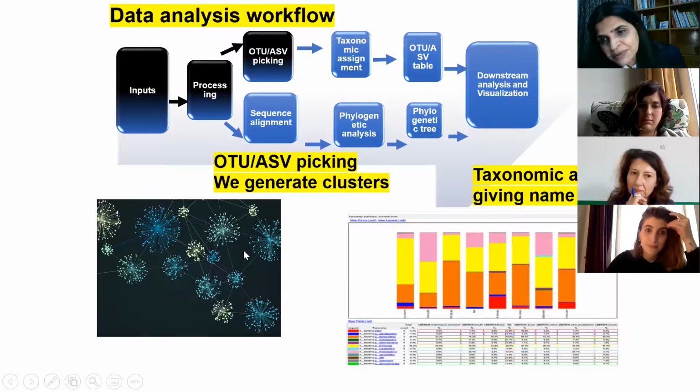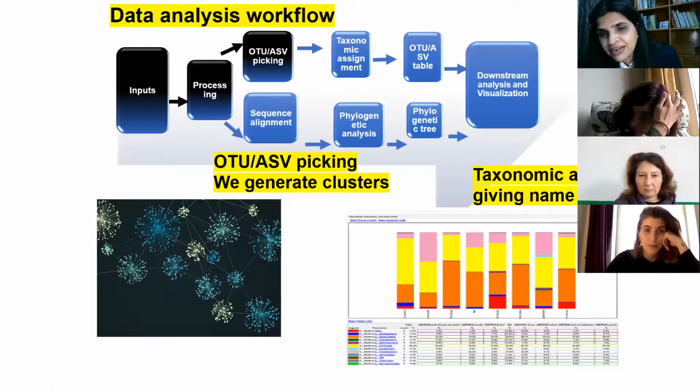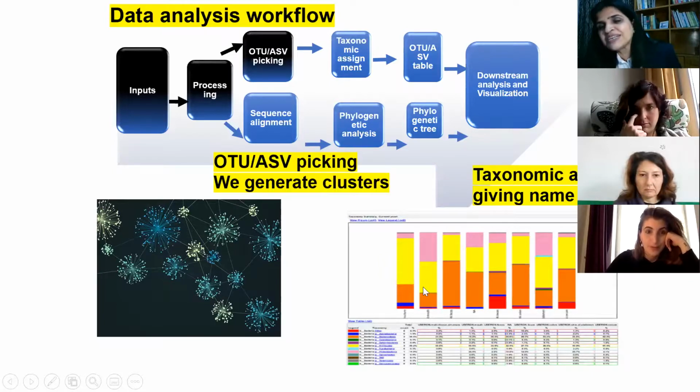After we have developed clusters, we take one sequence from each cluster and assume that as a consensus sequence. Then we run it for similarity against the already existing databases, right? This is taxonomic assignment. So we give a name to each cluster, and several unidentified clusters always remain because we don't have labeled data available for them. Yeah, this is what you were asking.